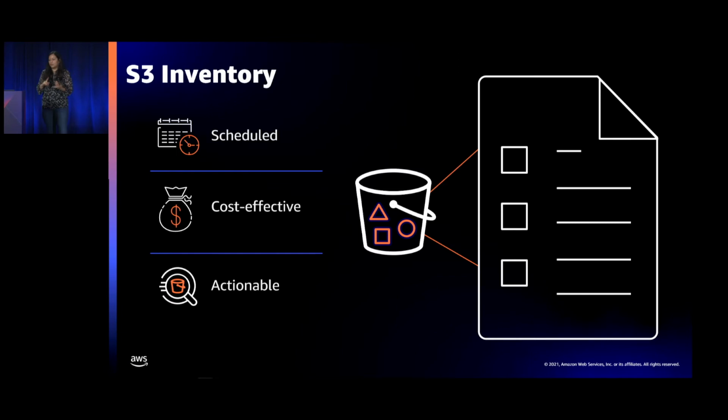So for example, creation date, replication status, encryption status, etc. Reports can be scheduled daily or weekly and can be created for entire buckets or filtered for a given prefix. These reports can be configured to output in CSV format, Apache ORC format, or Apache Parquet files, and then can be queried with tools like S3 Select and Amazon Athena.